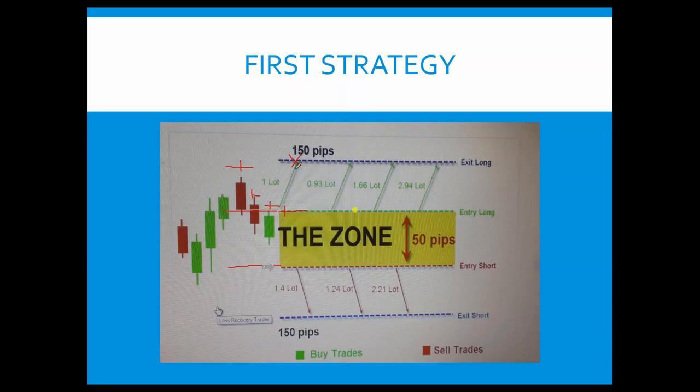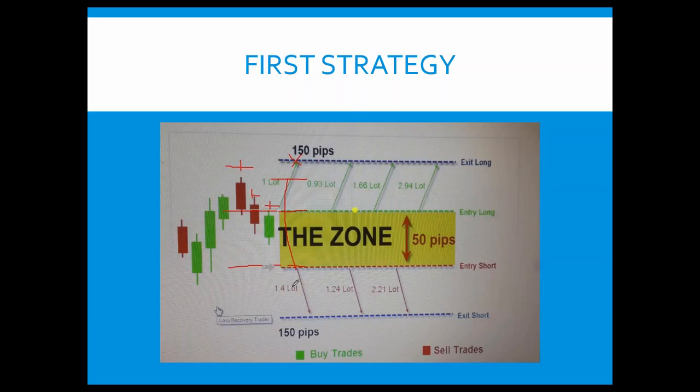So let's say we went long, but the market went to here, didn't reach our take profit and turned around. What we do is, the market moves down, down, down. Once it hits our 50 pips, we open up a counter trade. This is a hedge. Now you'll notice the lot size is different. If we had one lot long at 150, that would be 1,500.